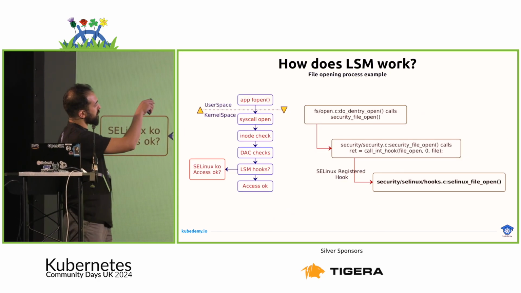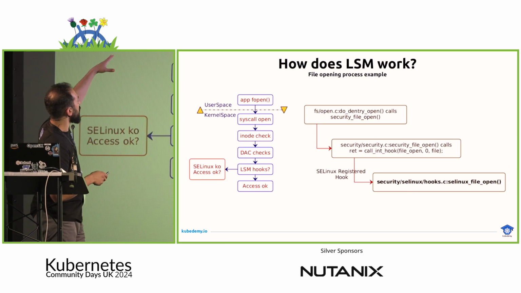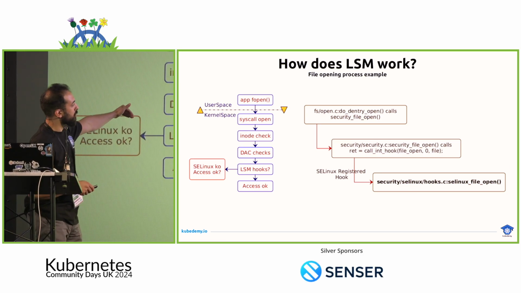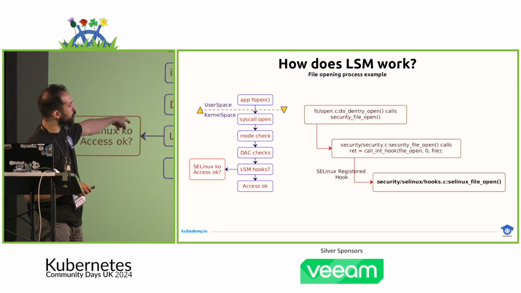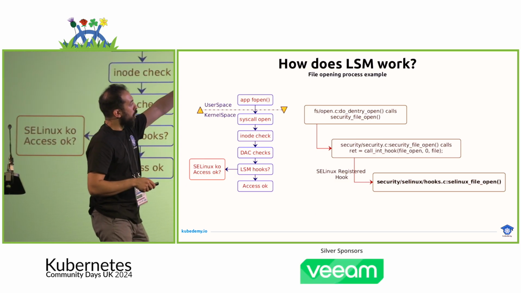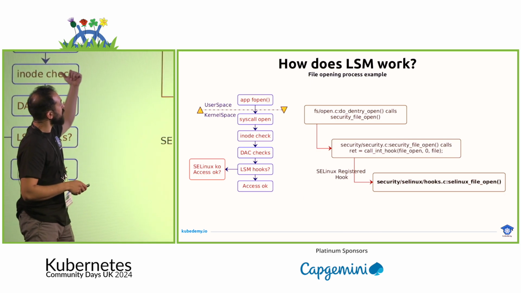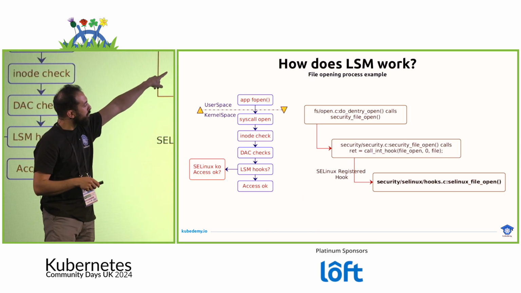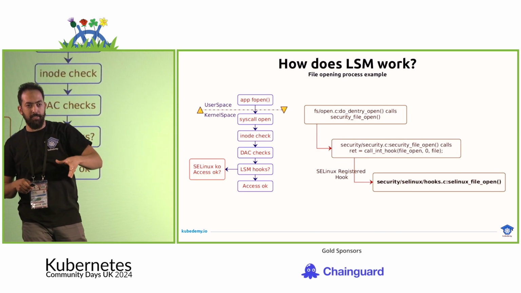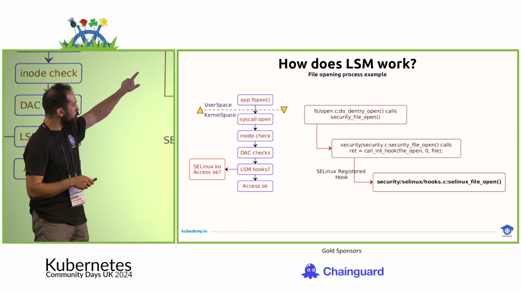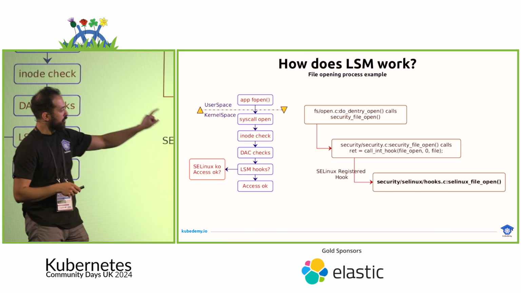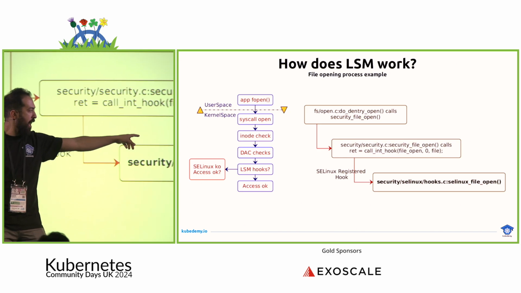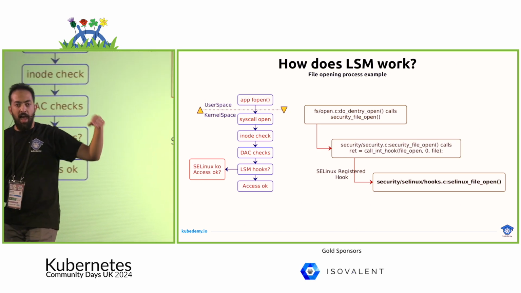And this is the process in detail. My application tries to open the file. It goes through the DAC system, and then it goes through the MAC system, the LSM hooks. I want to open the file with the fopen function, and then it calls security_file_open, which is the Linux LSM hook. And that hook calls the next function, which is selinux_file_open.